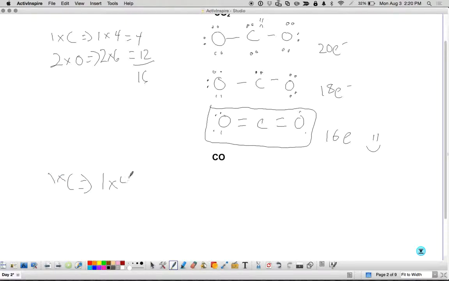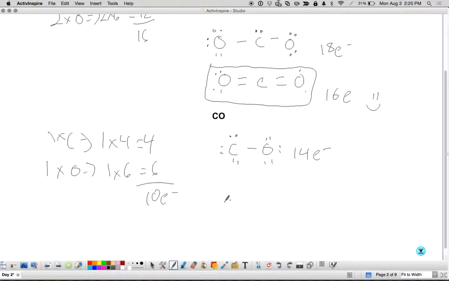It's 1 times 4, that's 4. And this is 1 times oxygen, so that's 1 times 6 for a total of 6 and 10. Okay, so I do my carbon monoxide, 2, 4. And I get 14 electrons.